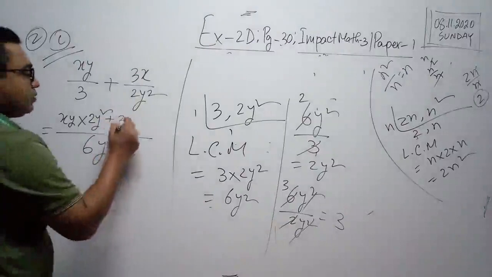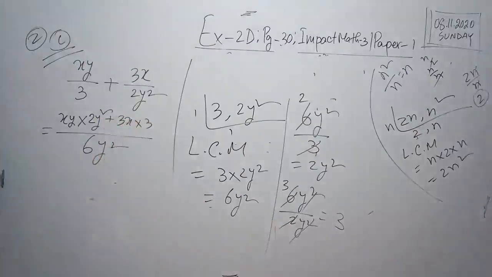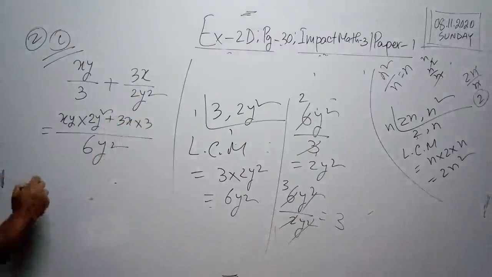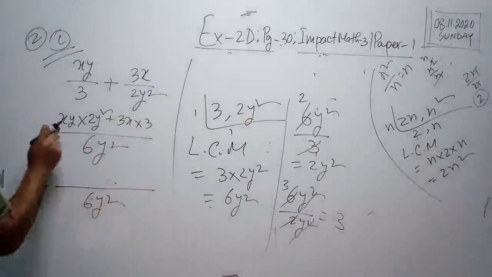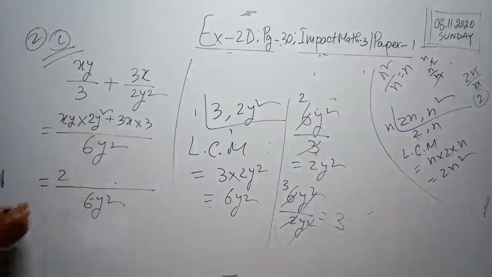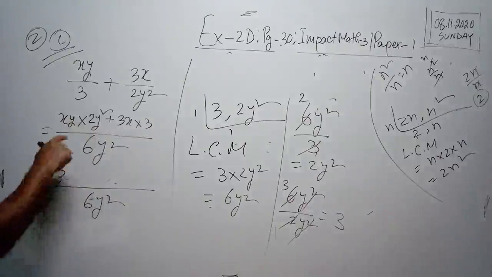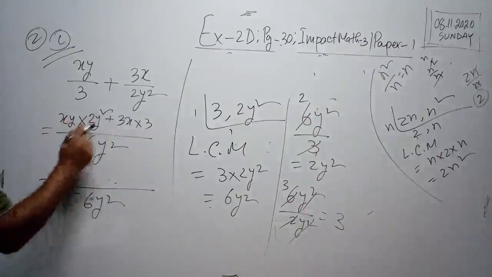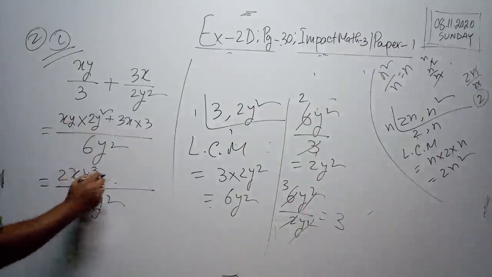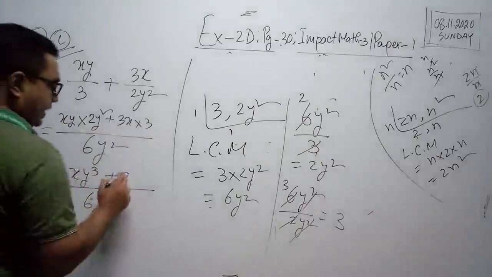That numerator will be multiplied with 3. Now 6y square, 2 is the constant, write it at the first place, then x and y square, y cube, 3 and 3, 9x.